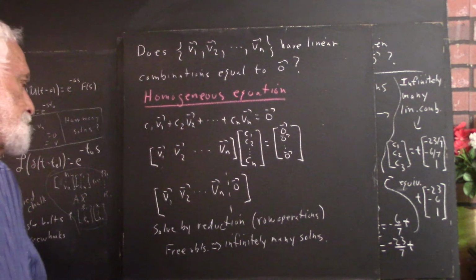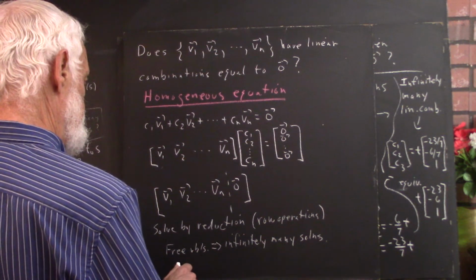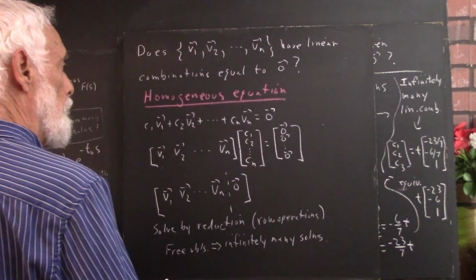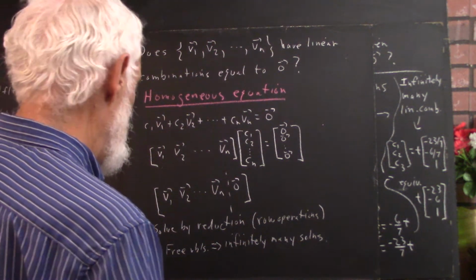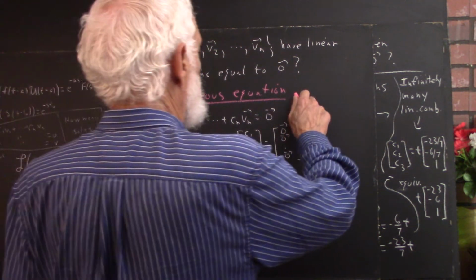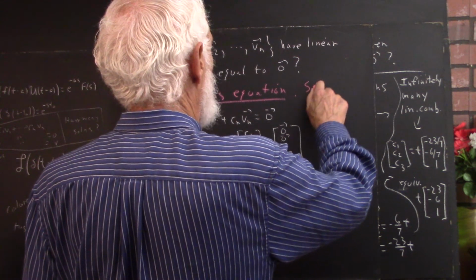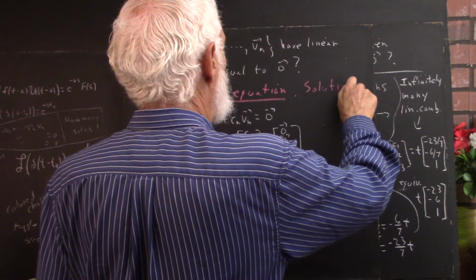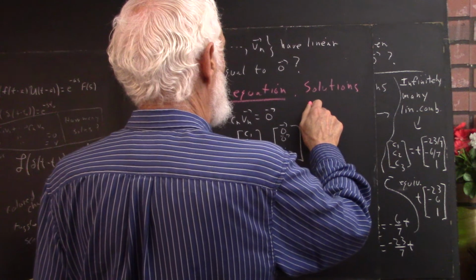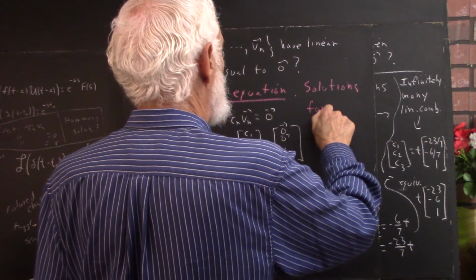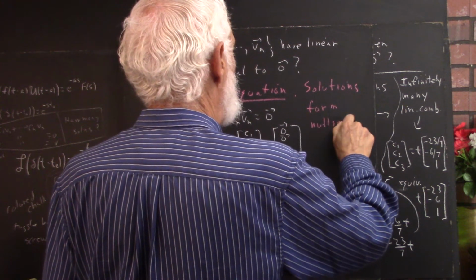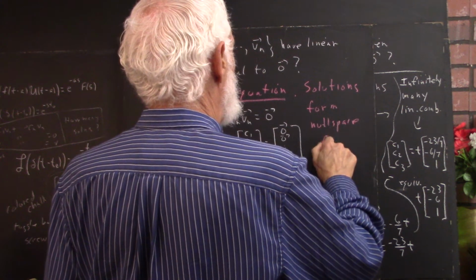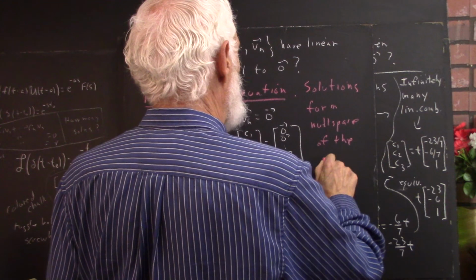And these are solutions of the homogeneous equation. And we can say that the solutions form the null space of the matrix.